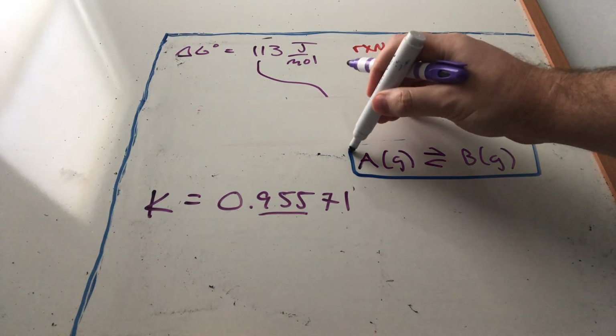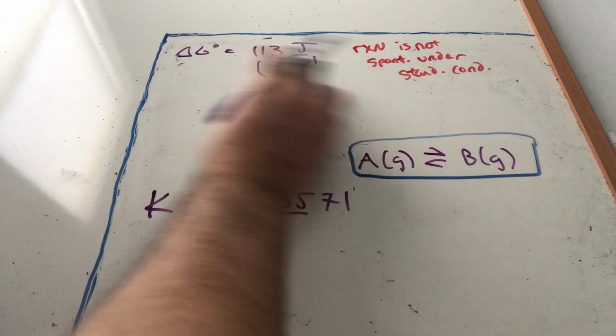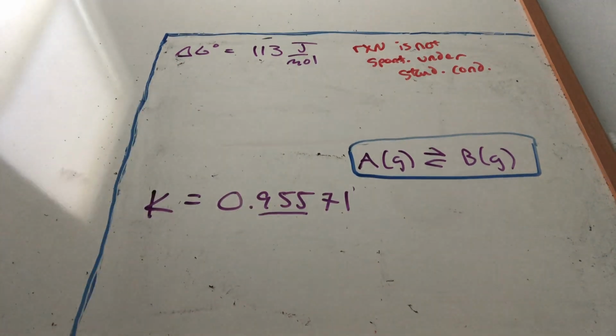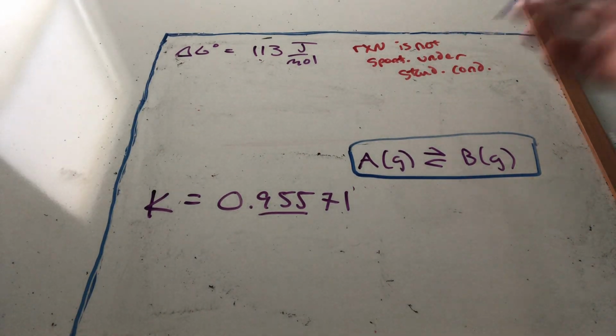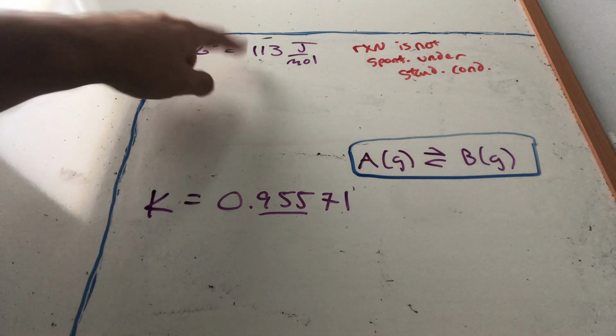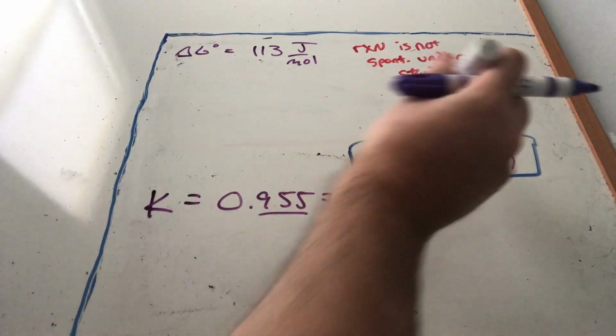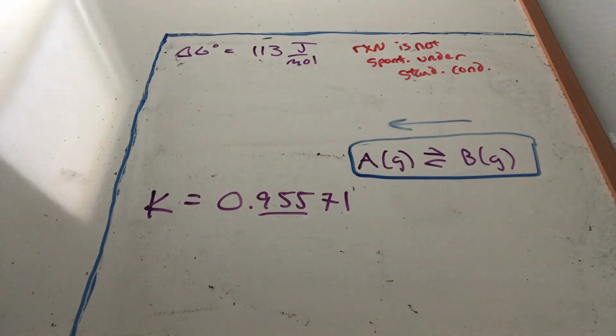Now check this out. We know the reaction is not spontaneous under standard conditions because we got a positive delta G naught. I'm going to prove that in a different way. If it's not spontaneous under standard conditions, you get a positive value. That means that the reaction is actually going to progress in this direction under standard conditions.